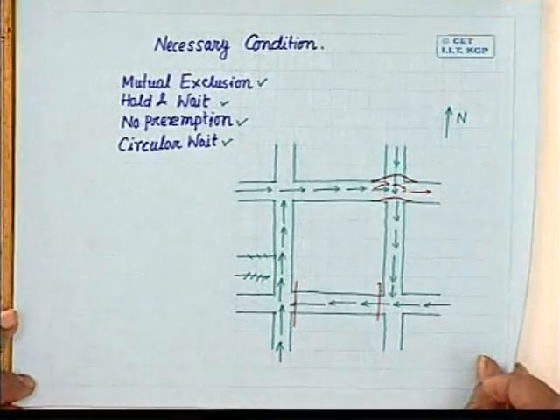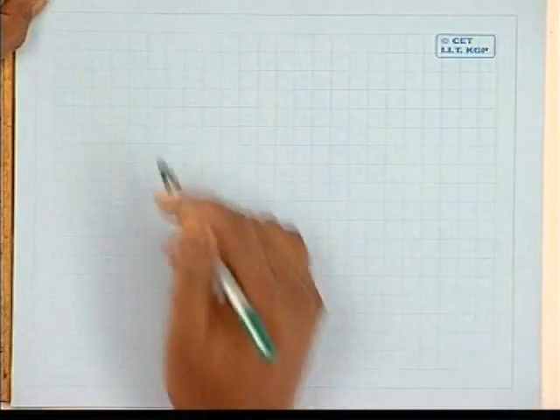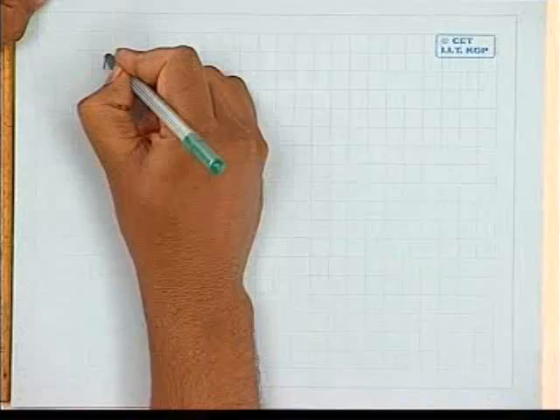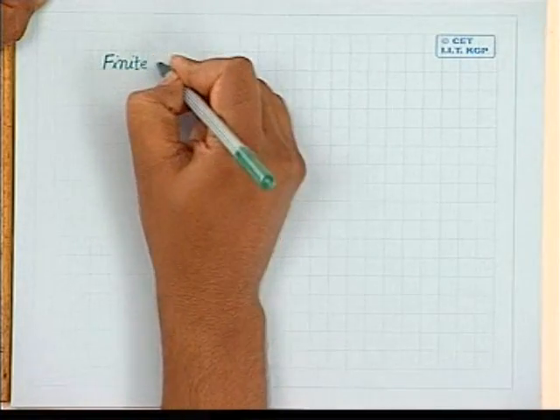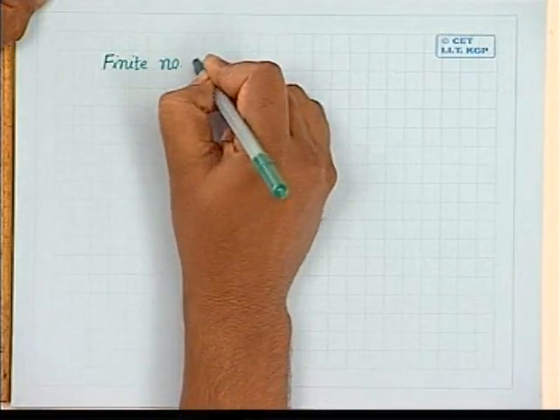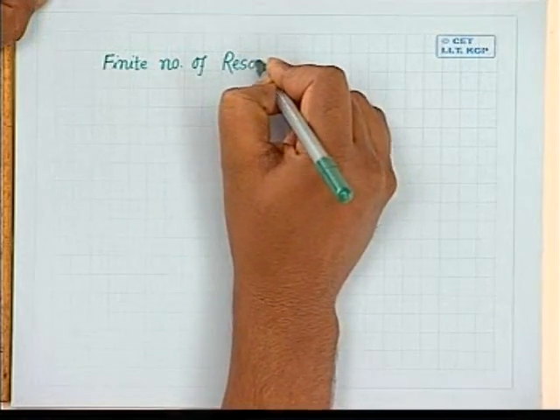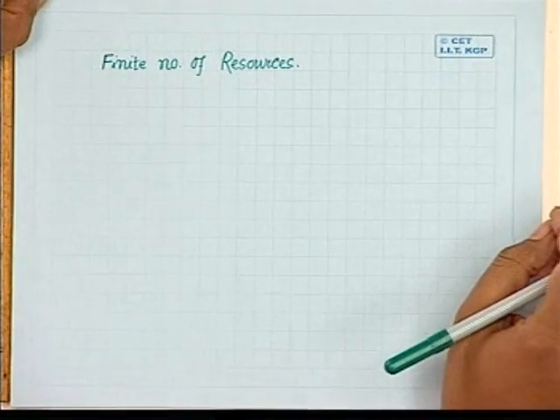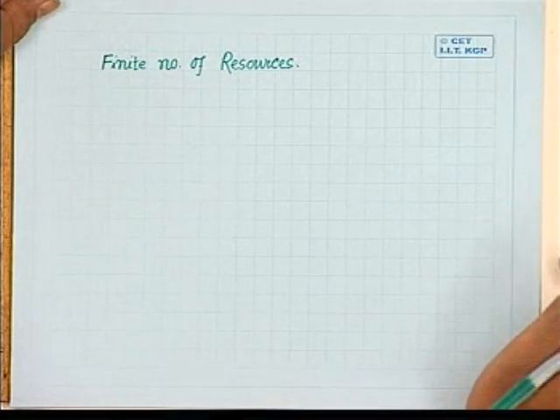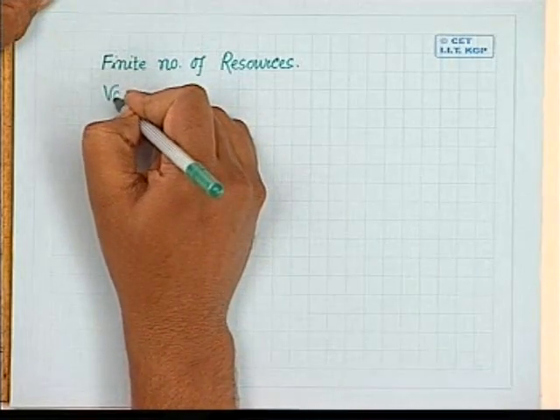Now for this deadlock discussion, we'll assume that our system consists of a finite number of resources. We'll also assume that the resources can be grouped into various types. Okay. So I can have various types of resources.